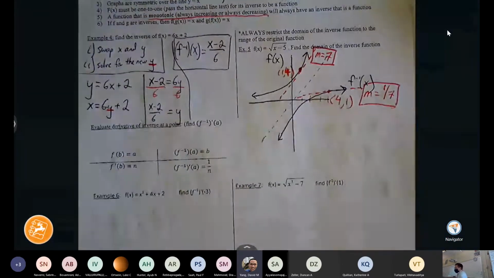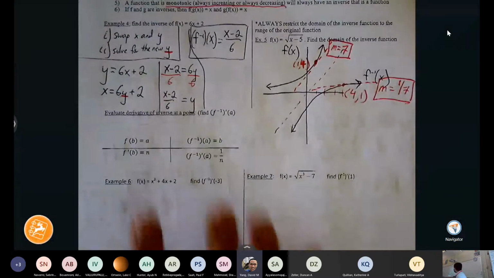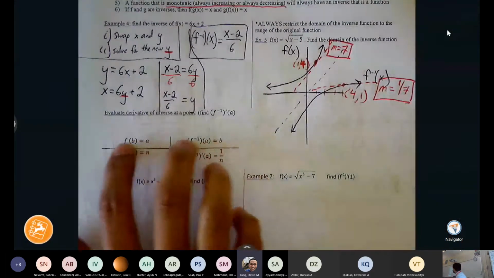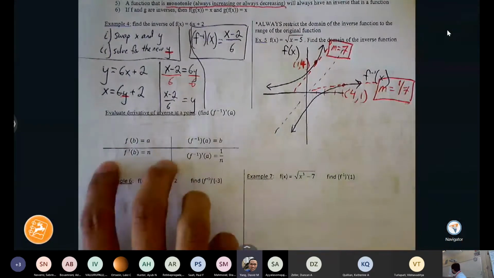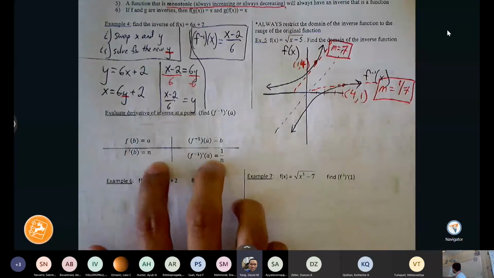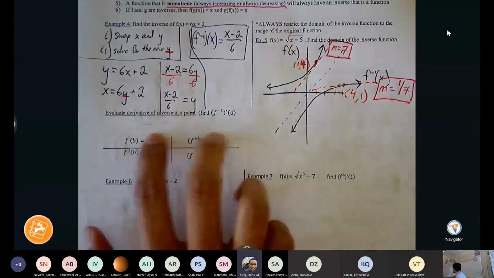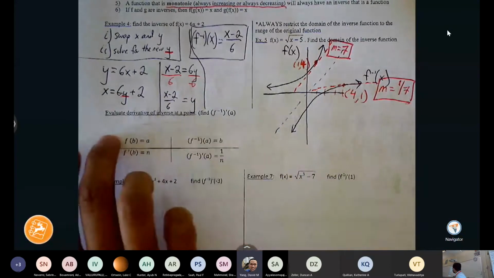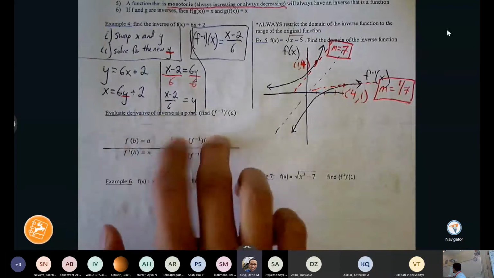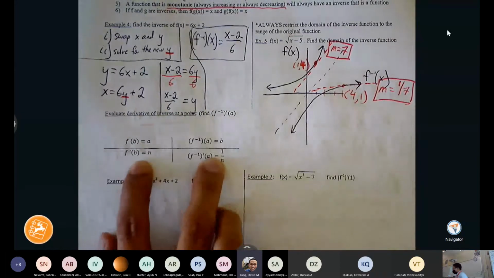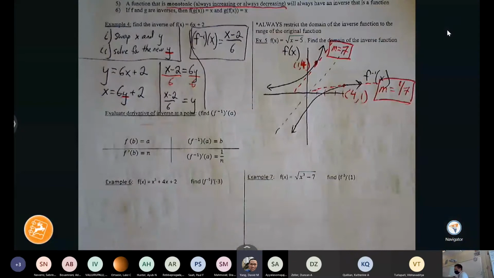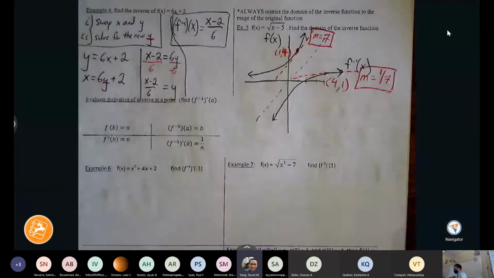Okay, so I like to organize my information from an ordered pair standpoint and also from a derivative slope standpoint. My ordered pair information I like to put at the top spaces, and then the bottom spaces I like to organize from a derivative or slope standpoint.